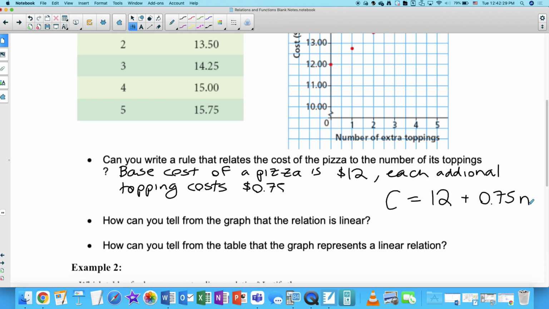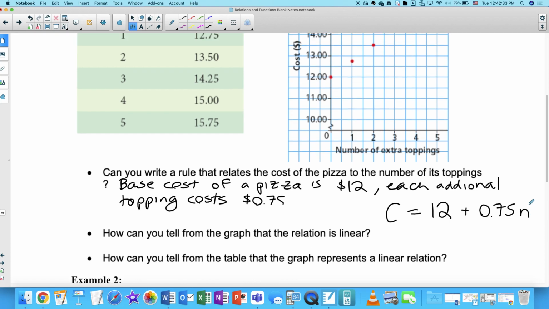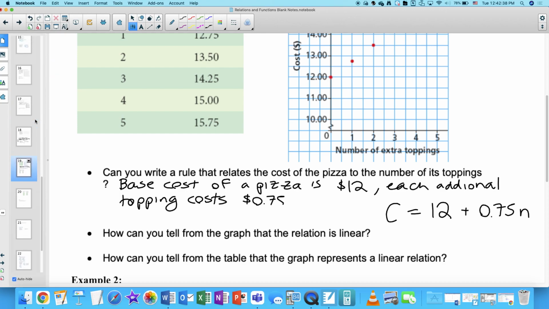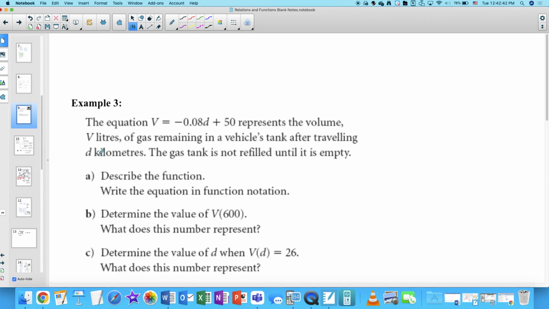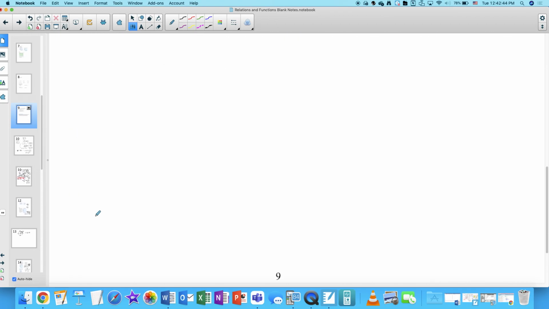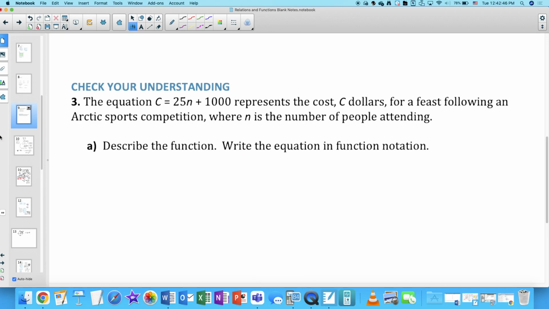And in fact, we've already looked at some examples of this. So I'm just going to go back here and find, where is it? This one. This equation. Cost equals 25n plus 1,000.